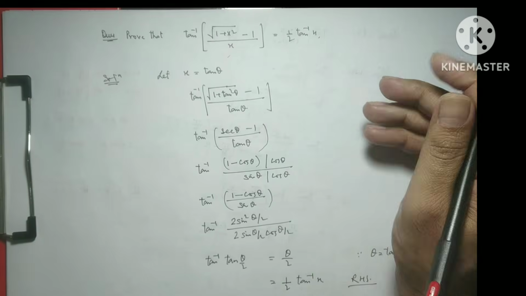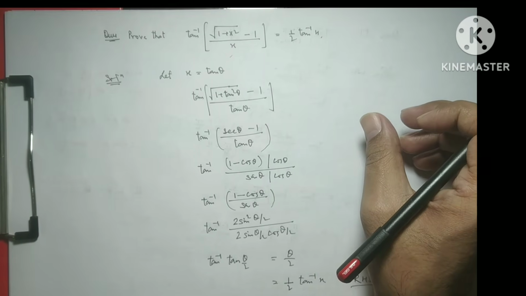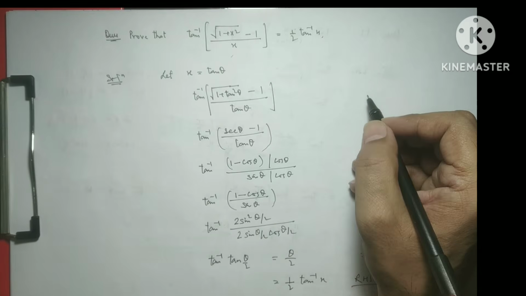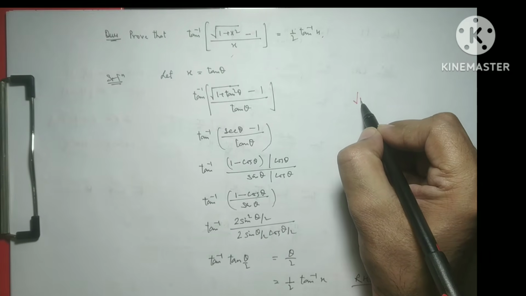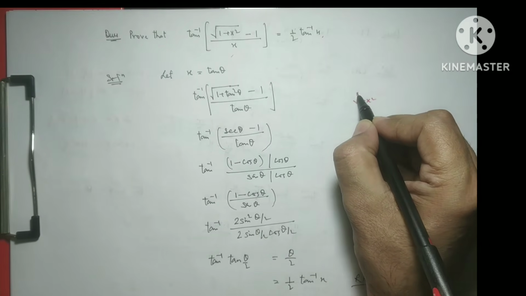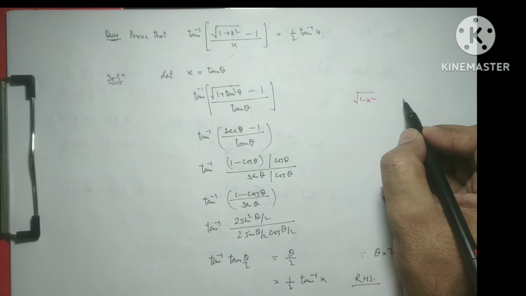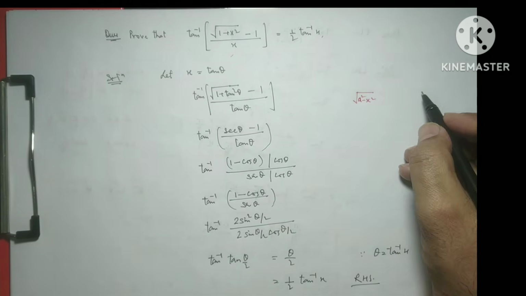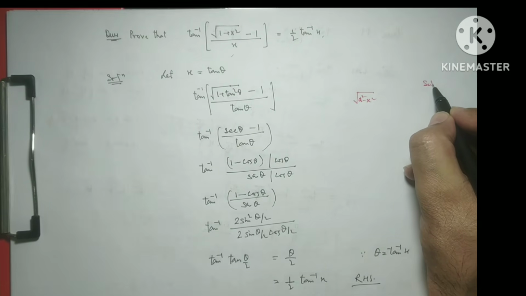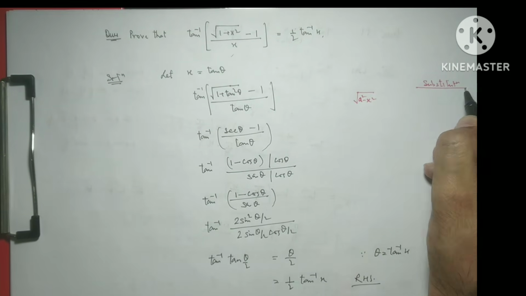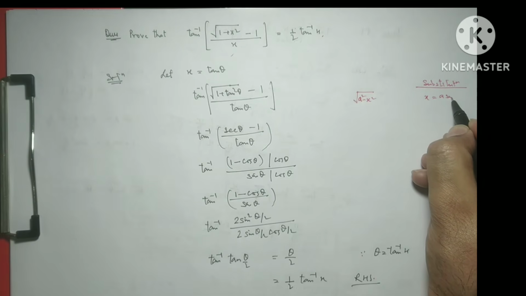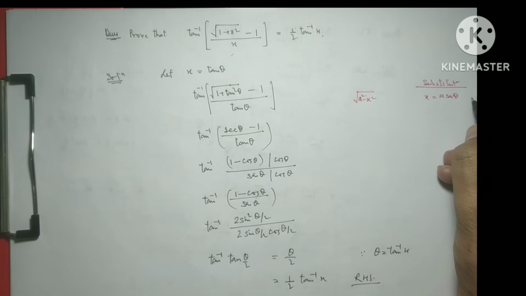We have some standard assumptions, like if we have under root 1 minus x square, or you can say this is a square minus x square, then the substitution will be: you will place x as a sine theta, or one more option, a cos theta.